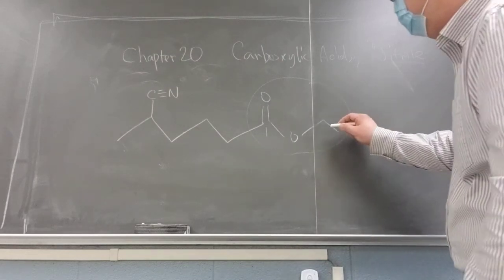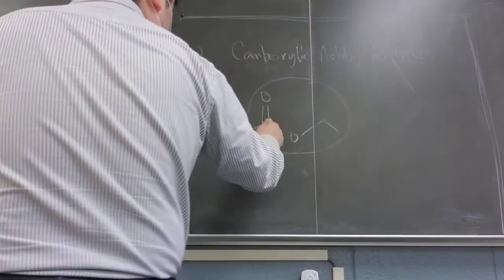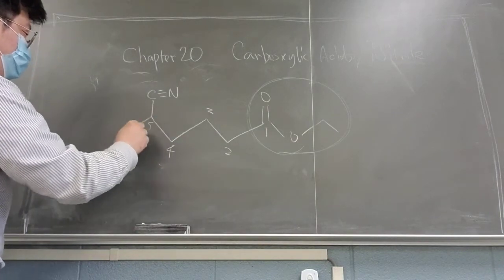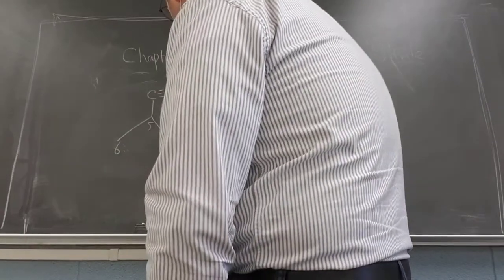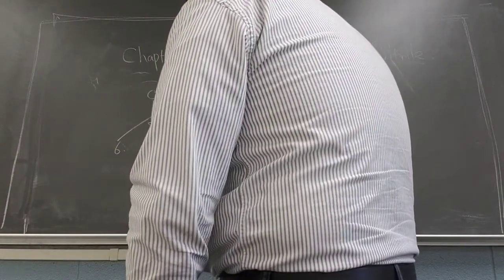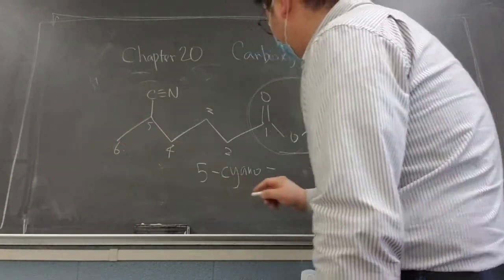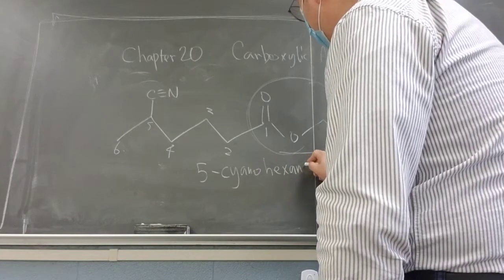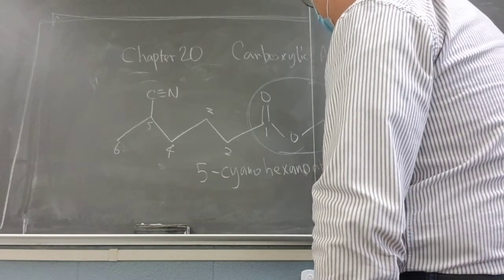So you have the ester group over here. You count the carbon from here, 2, 3, 4, 5, and 6. So I'm going to do 5-cyano, and 1, 2, 3, 4, 5, 6 will be hexane, and then -oate here.